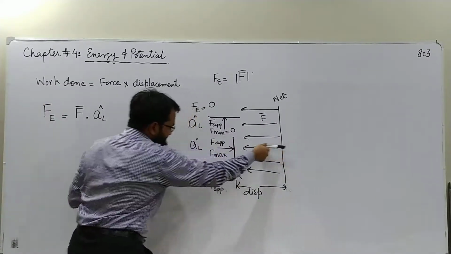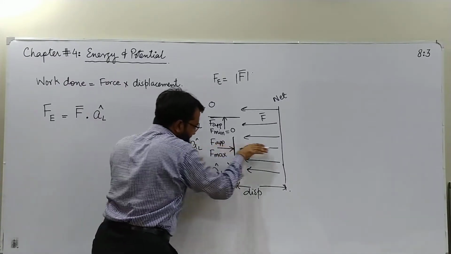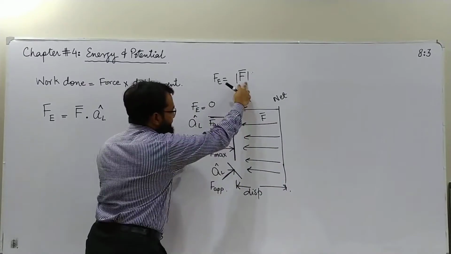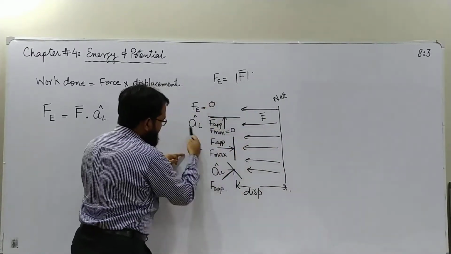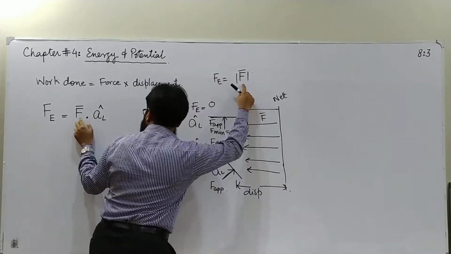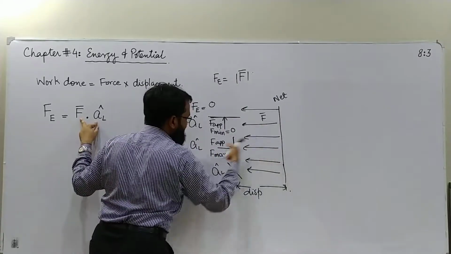So force is in this direction, and if AL is defined in this direction, the angle is 180. So the magnitude of force, multiplied by the magnitude of AL, which is 1, multiplied by the cos of the angle between the two.